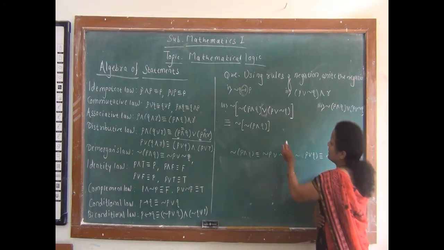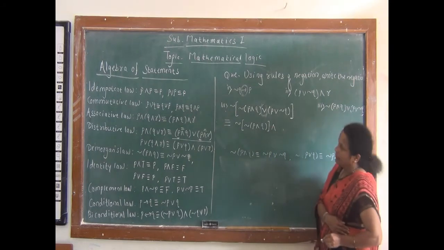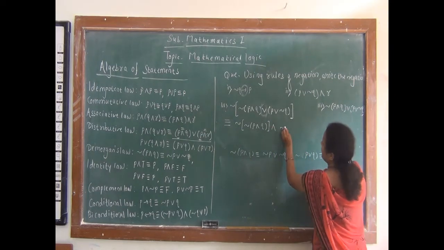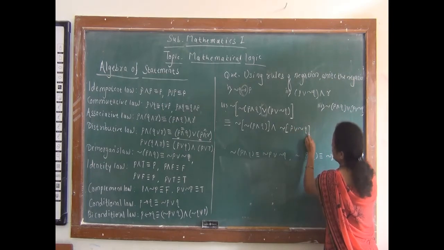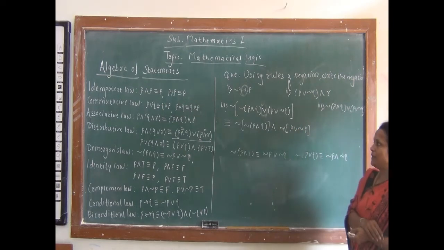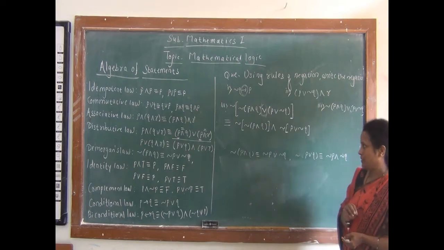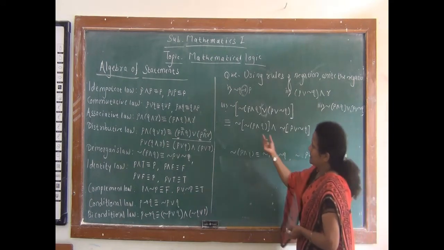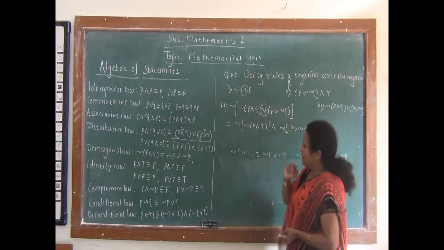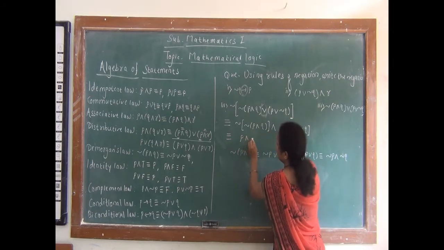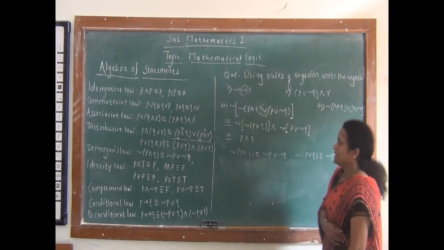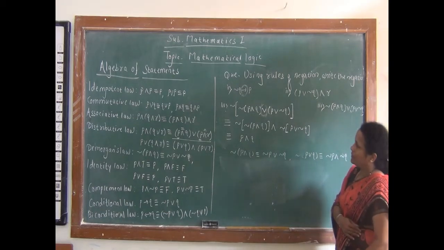Now this all is replaced by and, we take negation of our second term, that is, P or negation Q. So this is by using negation of disjunction. Now again we use negation of negation gives the statement itself. So it is equivalent to P and Q, because the negations get cancelled and we get the original statement.